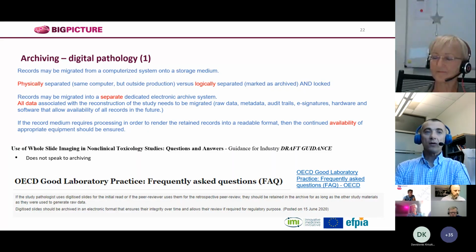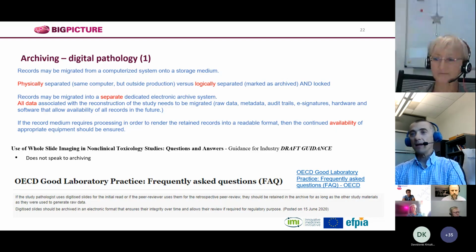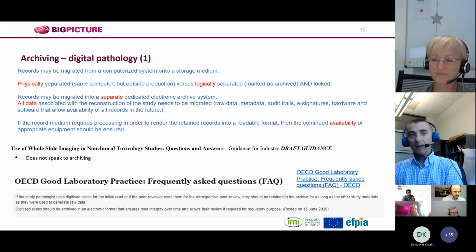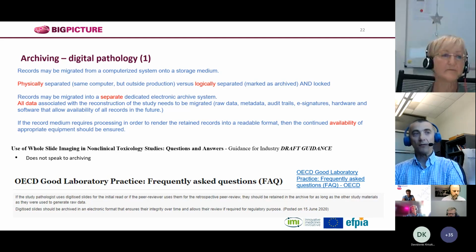So if you look at the draft guidance that's been released by the FDA, it's interesting that it doesn't speak much about archiving. Is that intentional? I don't know. What is sure is that there is an open question because, as Gabriel mentioned, archives should be amenable to a physical inspection. The question is open for electronic archives, in particular about the location of the servers.